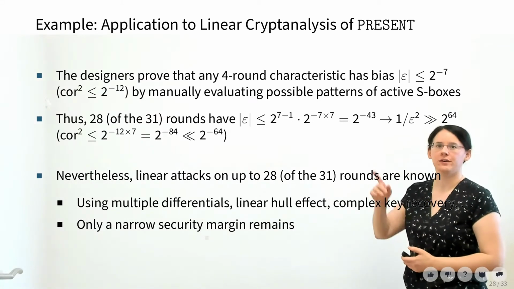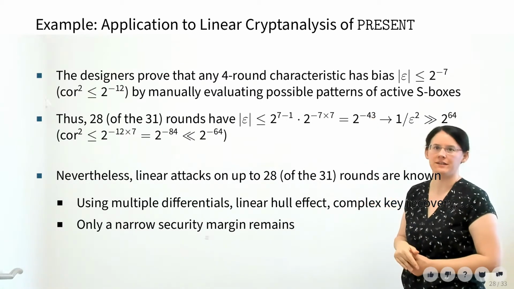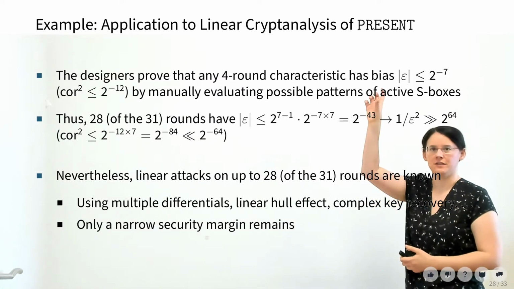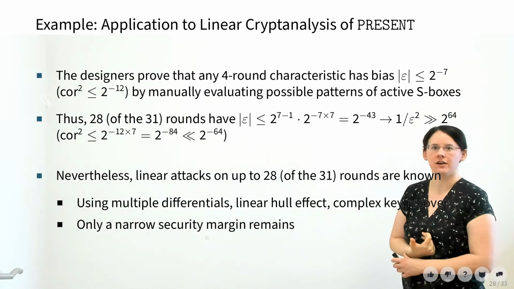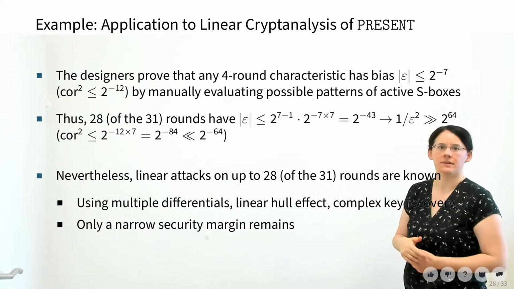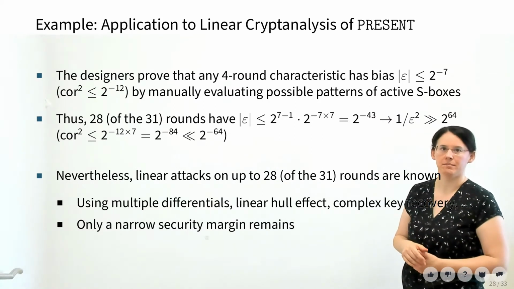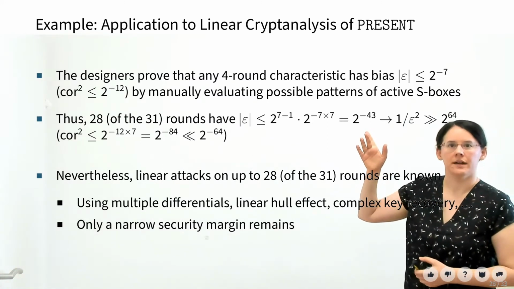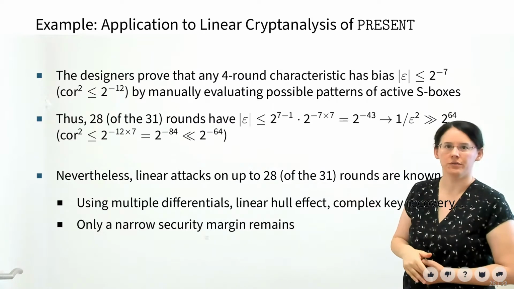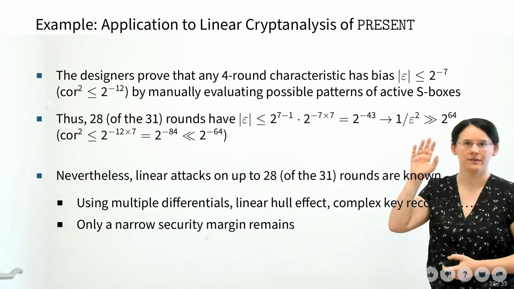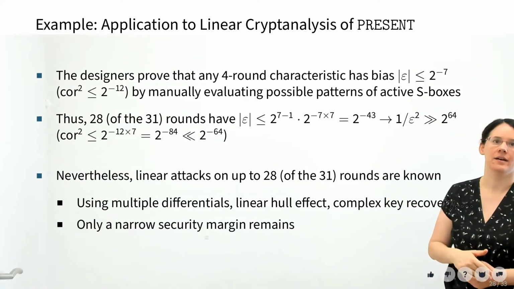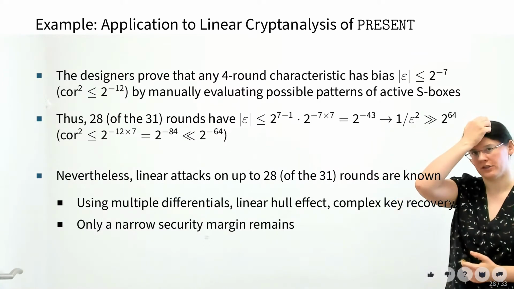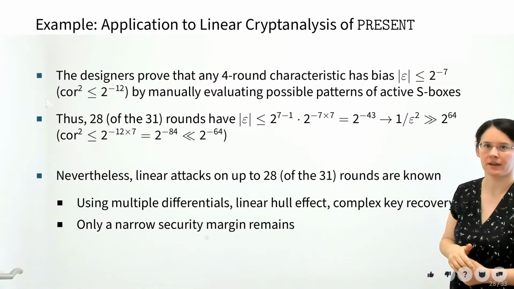If we look at a multiple of 4, 28, which is 7 times this behavior, then as a result the combined bias is at most 2 to the minus 43, or if I square it, definitely the data complexity would be much higher than 2 to the 64.